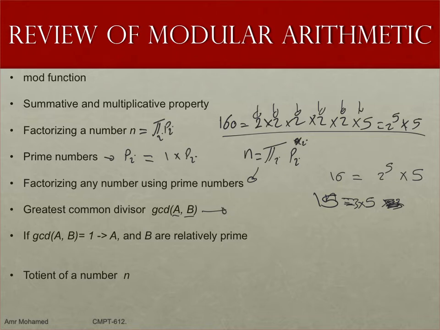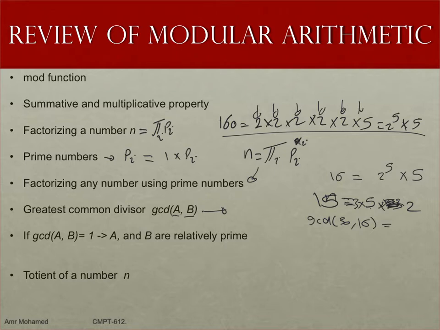If it's 30, for example, then it's 2 times 3 times 5, right? So in that case, what is the greatest common divisor between 30 and 160? It's 2 times 3 times 5.